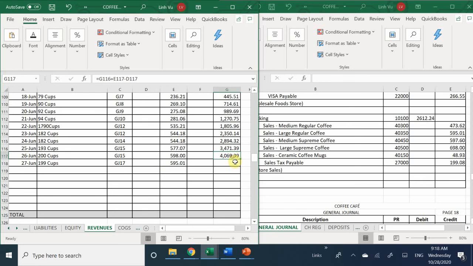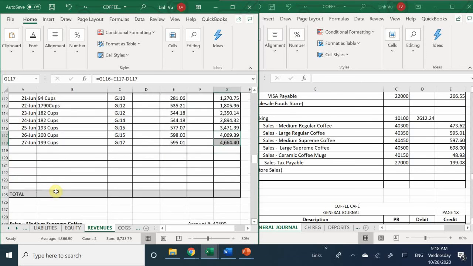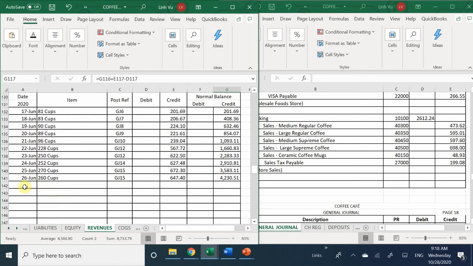Total 4,664.24. Good. 46644. Right? Down to sales and medium supreme coffee for $597.06.